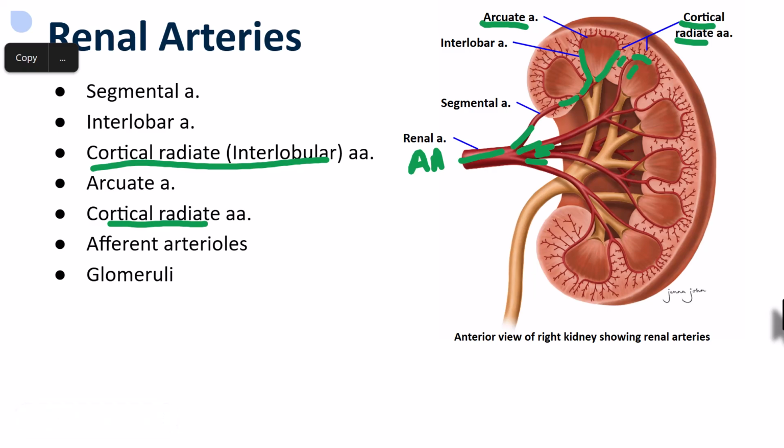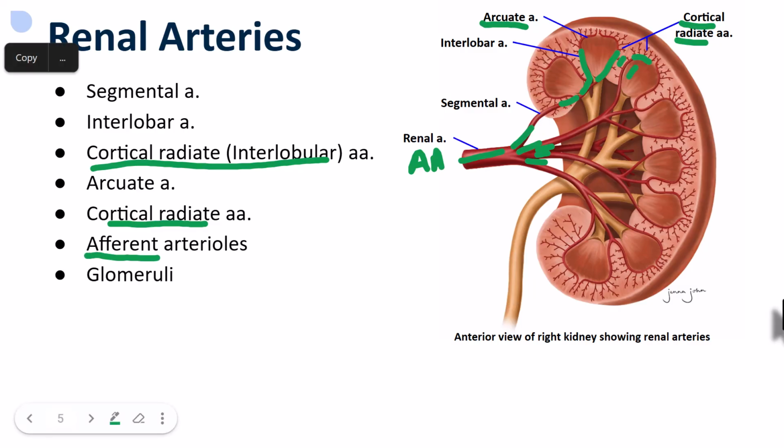And at this point, we're really at the microscopic level, because we could visualize arcuate arteries with the naked eye, but cortical radiate really requires magnification. Those cortical radiate arteries give rise to afferent arterioles.